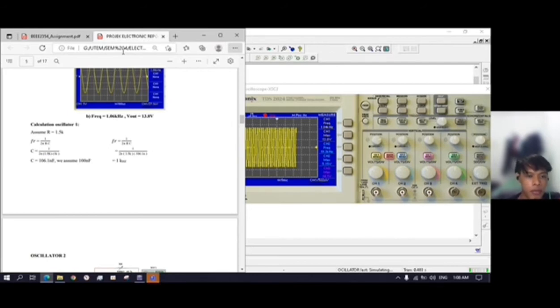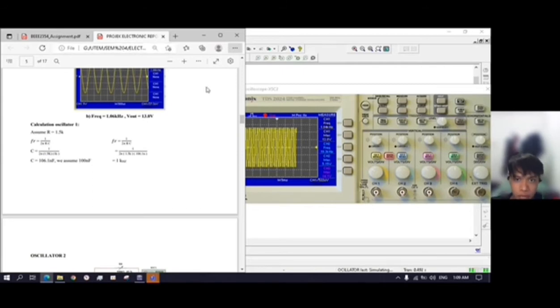Before that, we put the frequency as 1 kHz. After that, we substitute the value of the capacitor to get the 1 kHz frequency, and then we put the 1.5 kilo ohm for the resistor and 106 nanofarad for the capacitor, and then we will get 1 kHz.